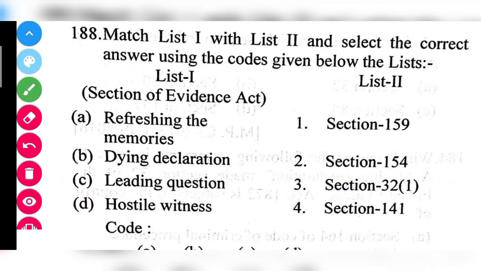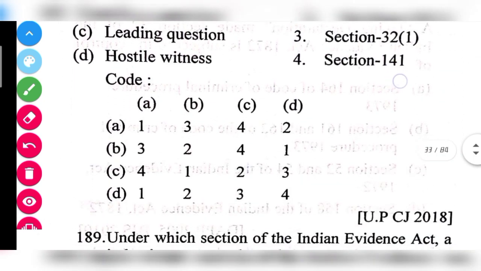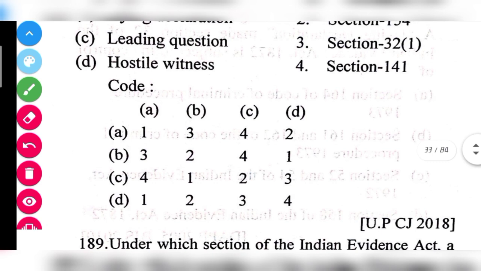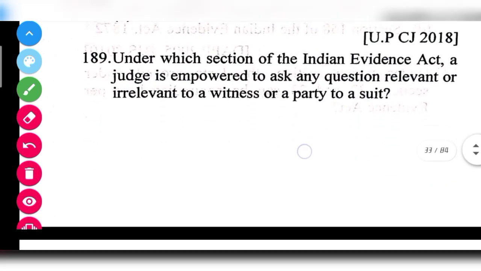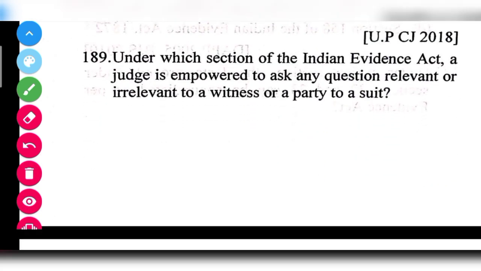These are answer codes and the answer is A. 189. Under which section of the Indian Evidence Act a judge is empowered to ask any question relevant or irrelevant to a witness or a party to a suit? Answer B. Section 165.